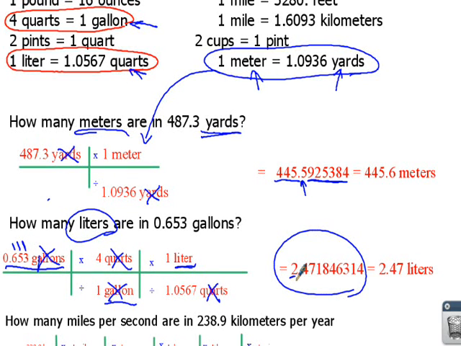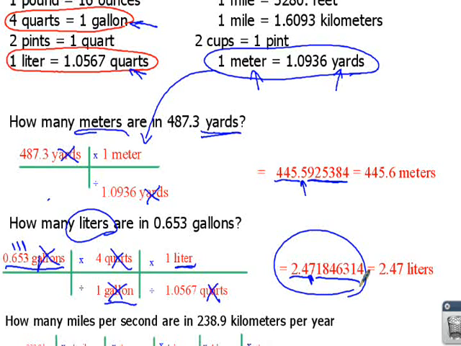So I can only show 3 significant figures, 2.47, everything after the 7 has to be rounded off. Since the number after 7 is a 1, I'm going to just drop everything off, and my answer is 2.47.